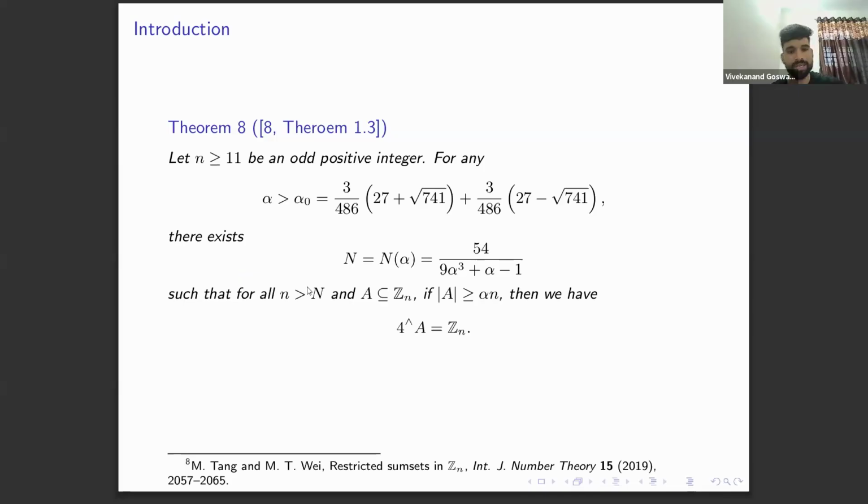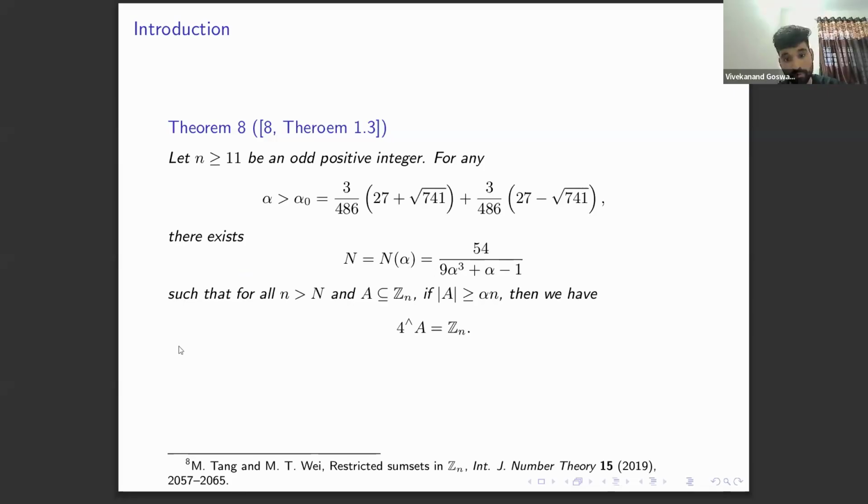Okay. Then in 2019, for odd order cyclic groups, for 4 hat A, Cheng and others proved this result, this theorem. The theorem states that let n greater than or equal to 11 be an odd positive integer.